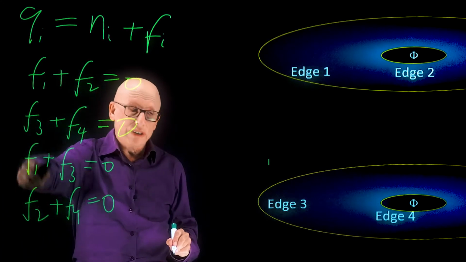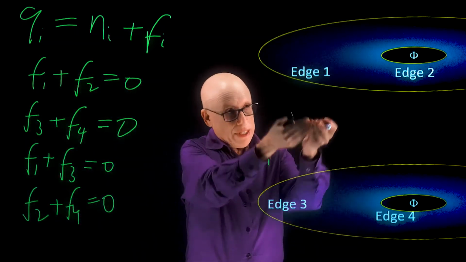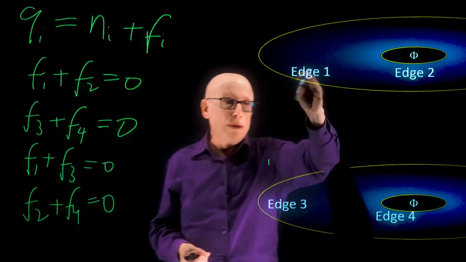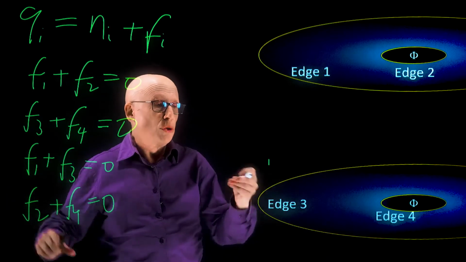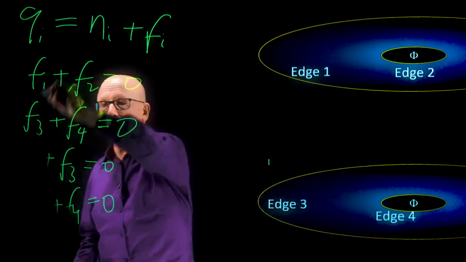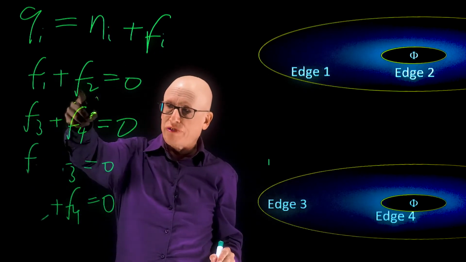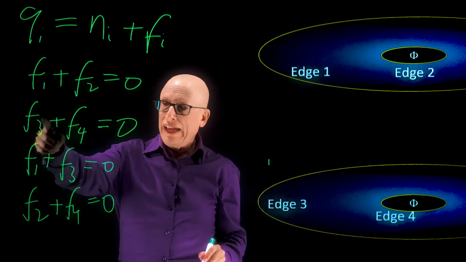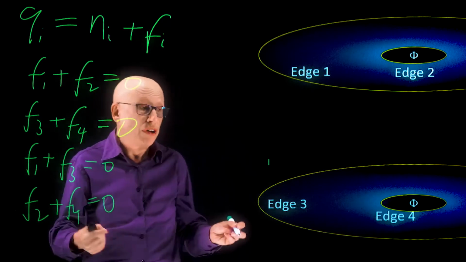Looking at these four requirements, two out of fundamental requirements on each of the two disks, and two out of the desire to look at the ground state, we see that f1 determines f2, f1 determines also f3, and f3 determines f4, and f2 determines f4.